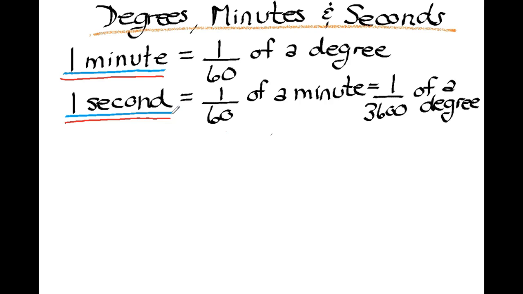And you can also think of it in terms of 1/3600th of a degree, because for every minute there are 60 seconds and there are 60 minutes in 1 degree. So 60 times 60 is 3600. So 1 second is 1/60th of a minute, but it's also 1/3600th of a degree.